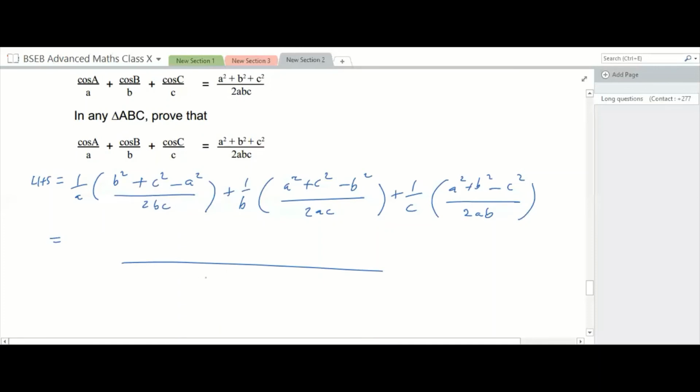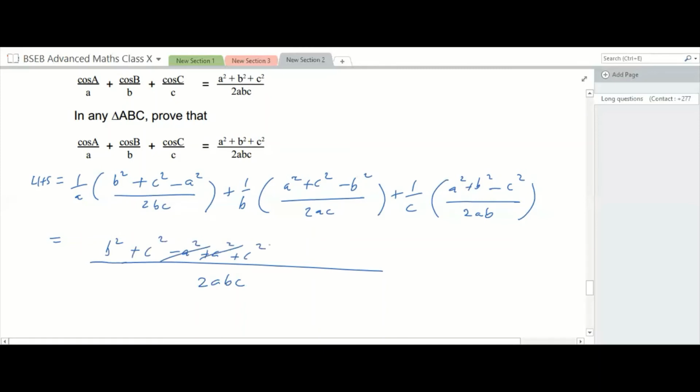So we got 2abc. On the top we got b squared minus b squared cancelling out. We have c squared plus c squared, which is 2c squared. So we've got b squared plus c squared minus a squared plus a squared plus c squared.